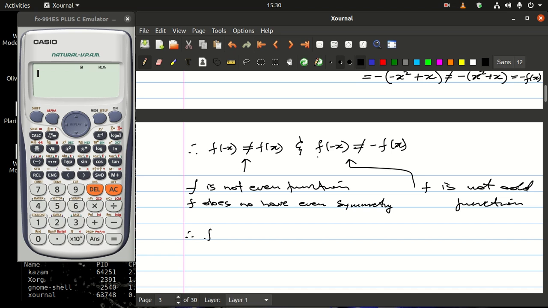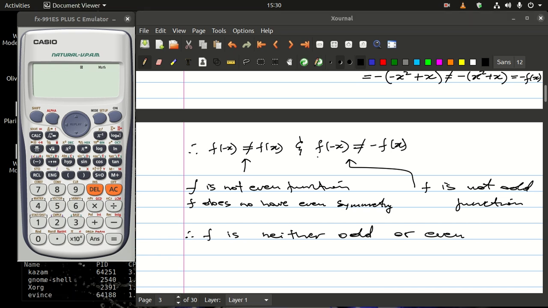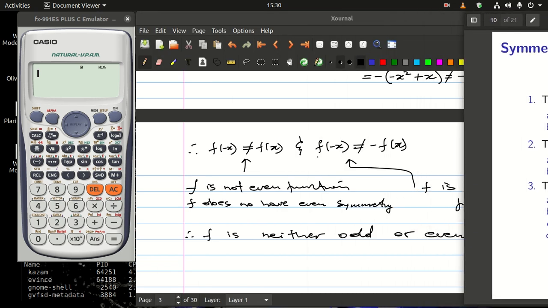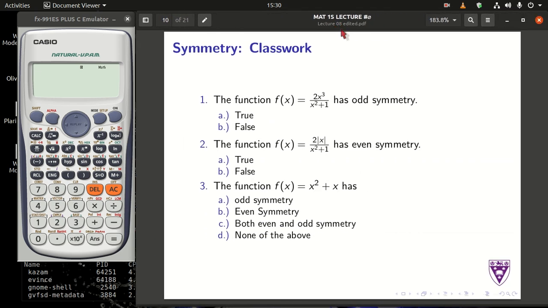Therefore, f is neither odd nor even. Let's go back to the question here and see what the question was saying. The question was saying f has odd symmetry. We just have shown that f doesn't have odd symmetry. f doesn't have even symmetry.